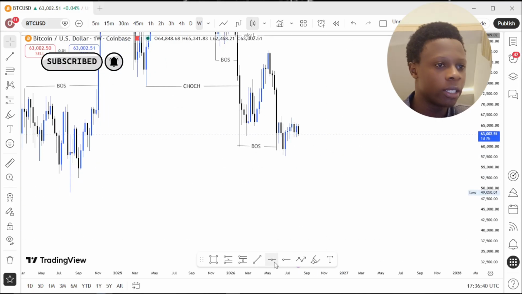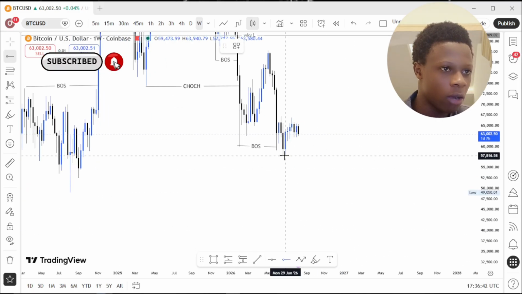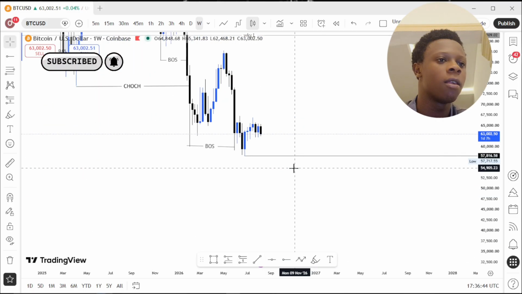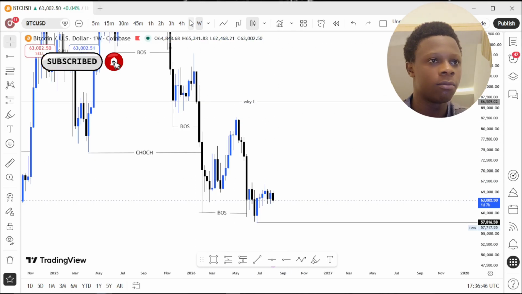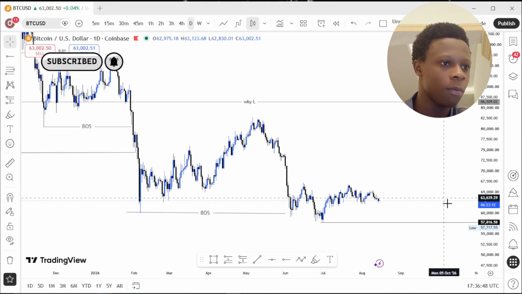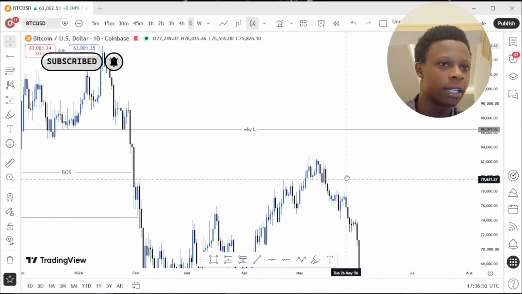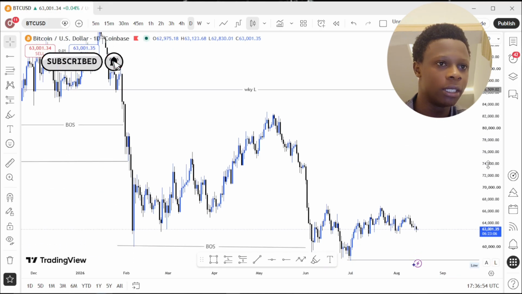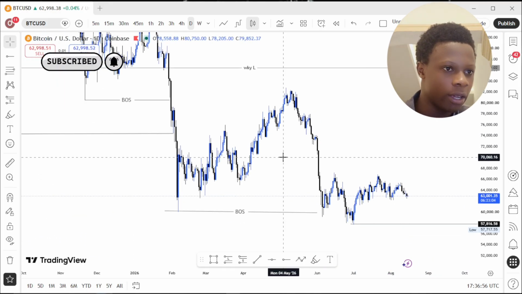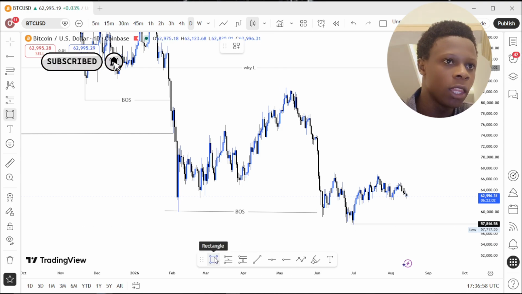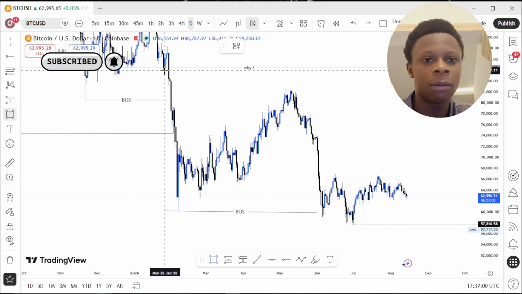And this will be our next expected zone for market to take out this very low right here. So let's go to the daily now. All right, on the daily now you can try see that right here. On the daily now you have it as an order block right here.